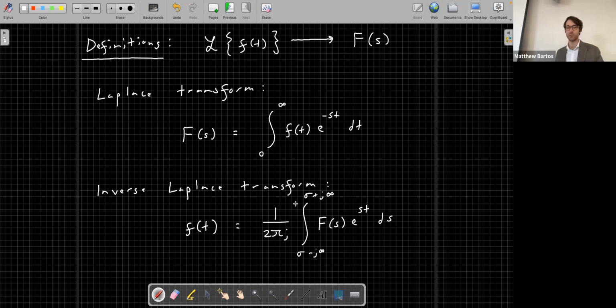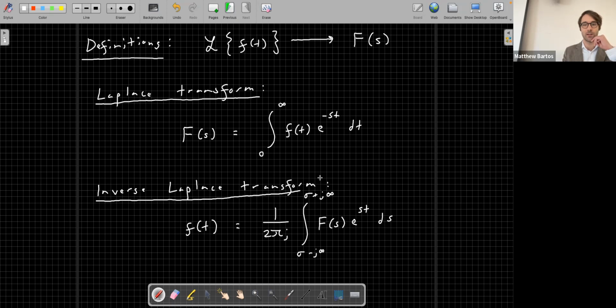We're never going to actually use the inverse Laplace transform formula in this class, but I want to make sure that you have that definition here. Mostly when we are going to be doing Laplace transforms and inverse Laplace transforms, we will be using essentially tabulated forms of these equations. So you look up the transform in the table.